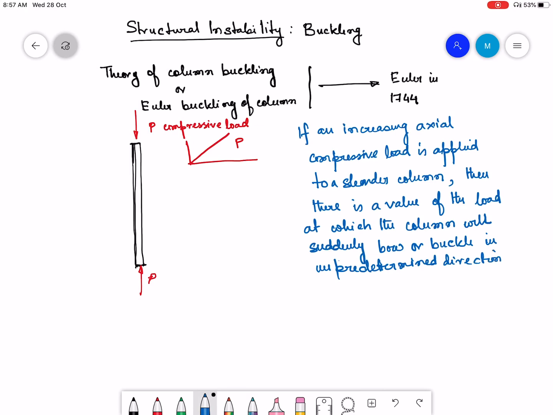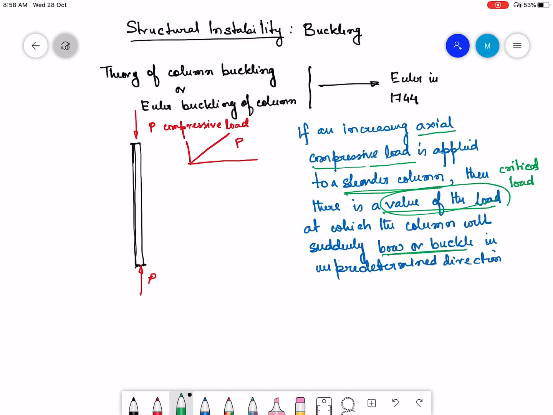Okay, so let us revisit what I have written and let us see the important points. So it has to be an axial compressive load. It should be applied to a slender column. So buckling usually happens with slender columns, not very stout kinds of columns. And at a certain value of load, this is called the critical load, the column will suddenly bow or buckle.